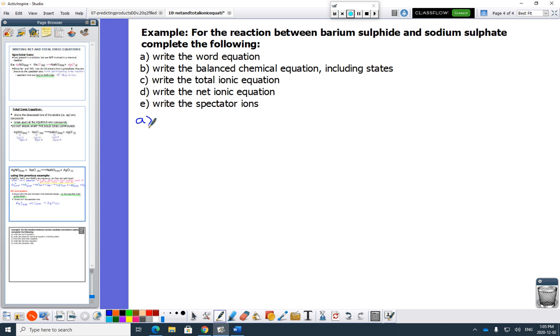So similar to this morning, if you want to write it like barium and then sulfide underneath, then you can see what switches. It's up to you.